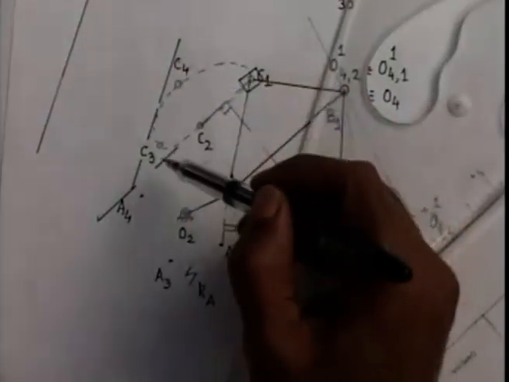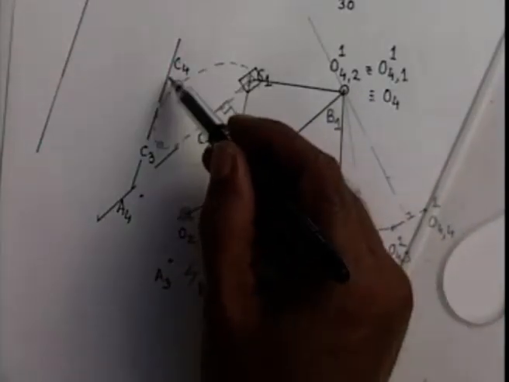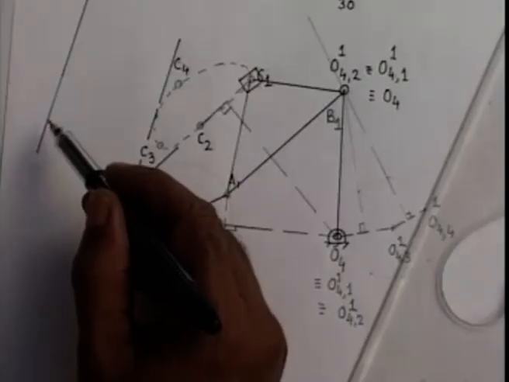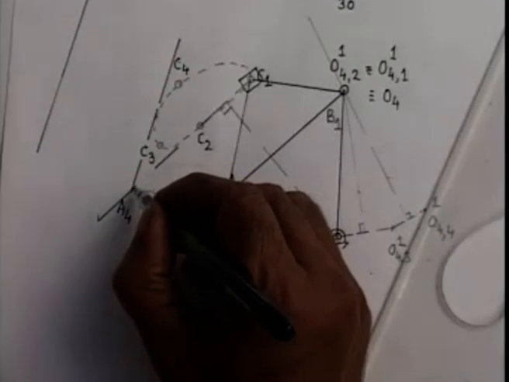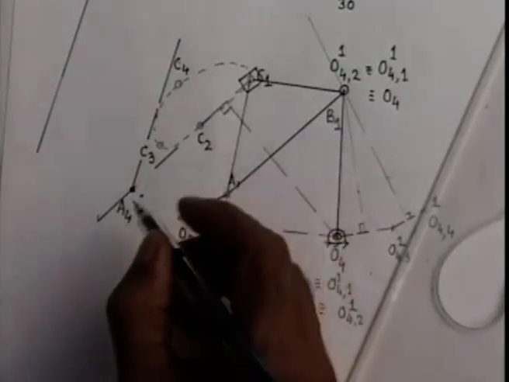This line is tangent to this coupler curve, which is generated by this 4R link, namely O2ABO4, and this line is parallel to this line, which was at an angle 30 degree to this line. So location of O6 should be here.